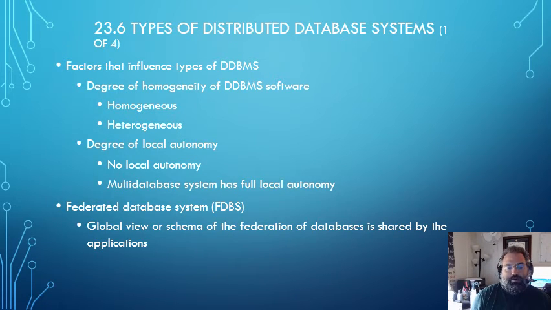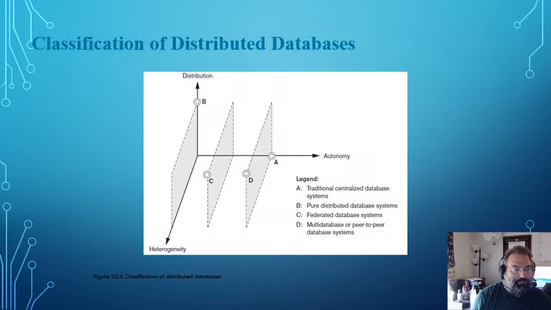A multi-database system has full local autonomy. In federated database systems, the global view or schema of the federated database is shared by the application. The classification of the various types of databases has three dimensions: distribution, autonomy, and heterogeneity, and you put things into that three-dimensional space.